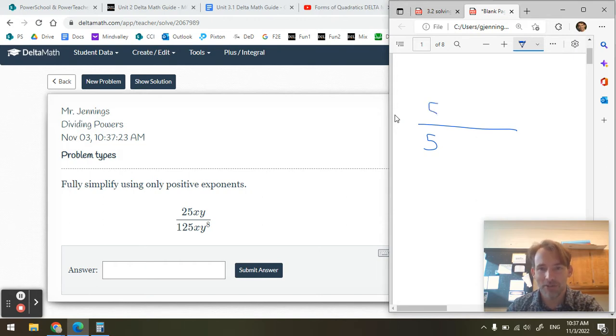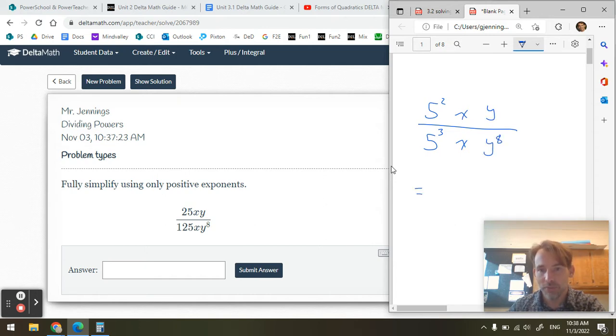If I would write it as 5 squared over 5 to the 3, and then subtract the exponents there for 25 over 125. 5 squared is 25. 5 to the 3 is 125. That's how I do that. And then x over x and y over y to the 8.